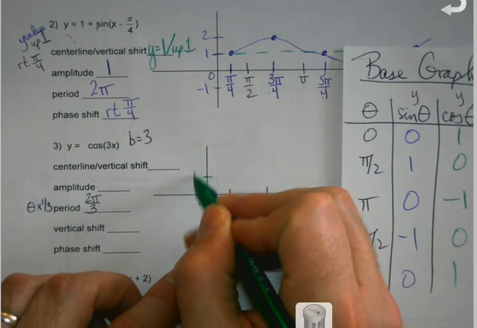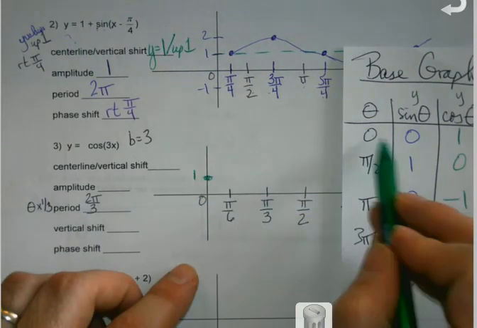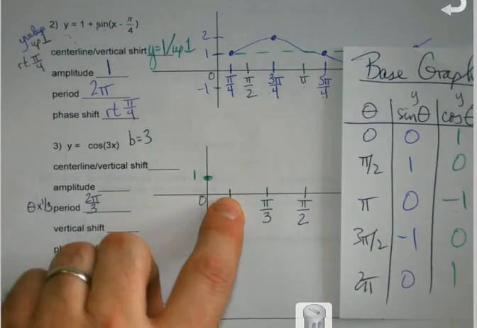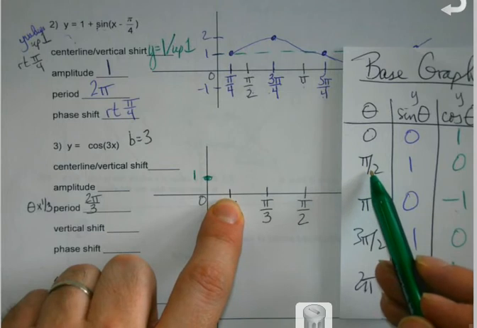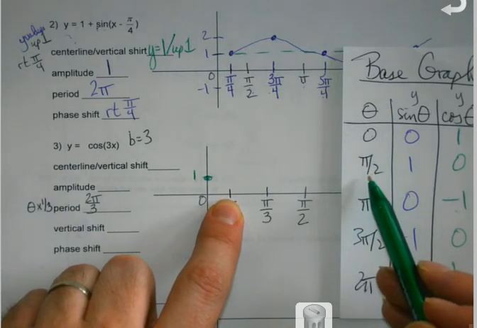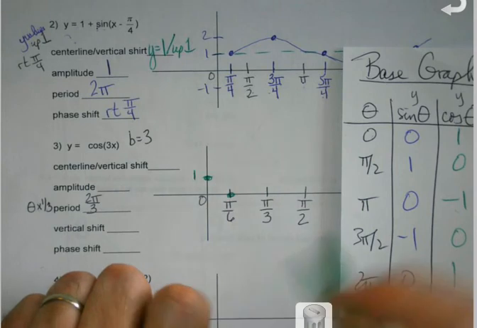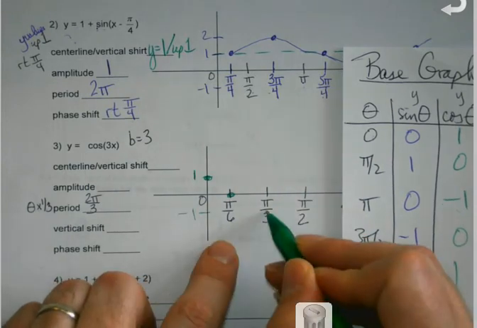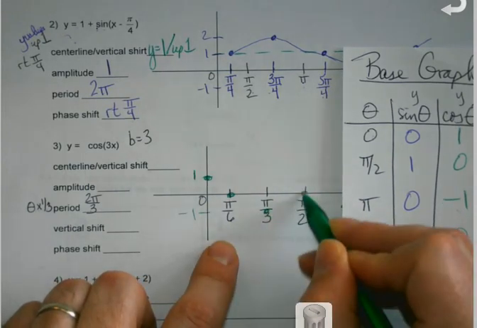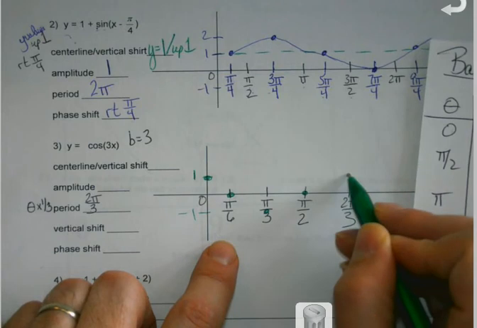So at 0, we're at 1. At my first point afterwards, the artist formerly known as pi over 2 is now at 0. We drop down to -1, back up to 0, and then back up to 1.